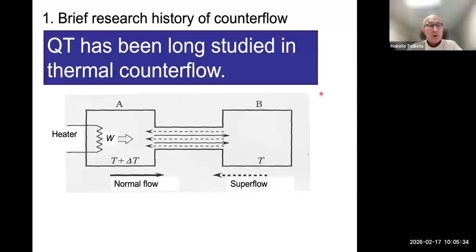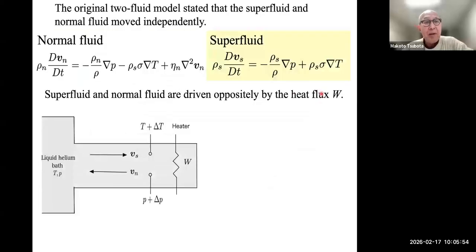Quantum turbulence has been long studied in thermal counterflow in superfluid helium-4. In the two-fluid model, the injected heat flux drives the normal fluid and superfluid in opposite directions, and here a vortex tangle like this appears. The original two-fluid model states that the superfluid and the normal fluid move independently.